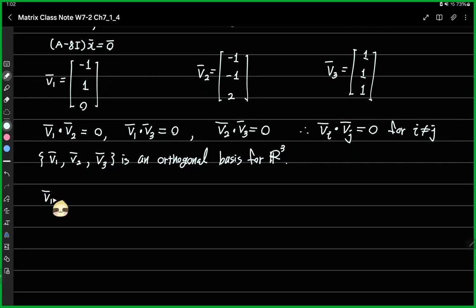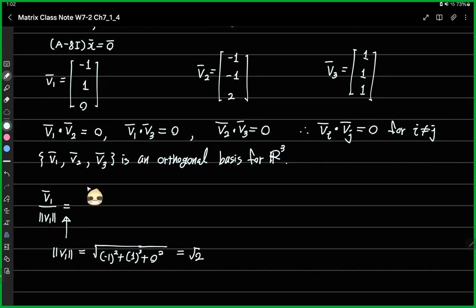V1 over the norm of V1: the norm of V1 is the discrete L2 norm, the square root of (-1) squared plus 1 squared plus 0 squared, so this is the square root of 2.